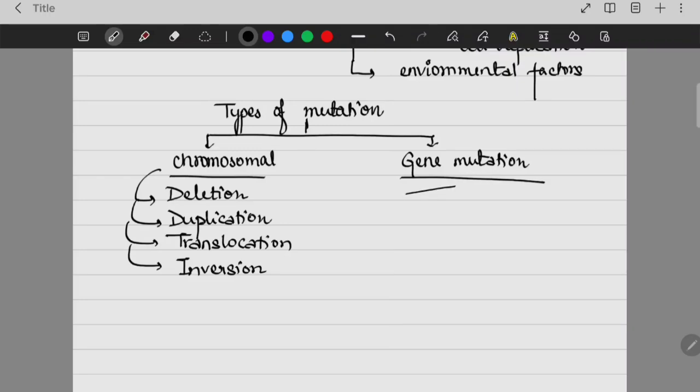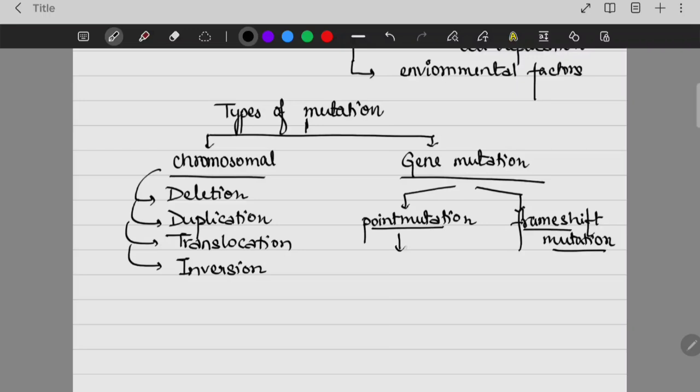In gene mutation, there are also two types. One is the point mutation and another one is the frame shift mutation. Under the point mutation, there are three types: silent, missense, and nonsense.